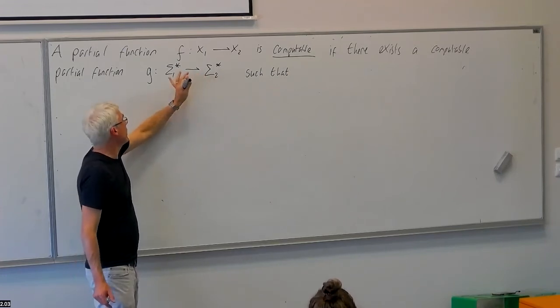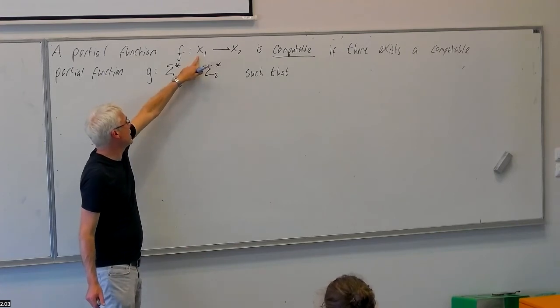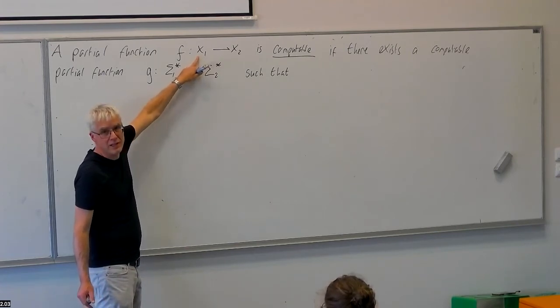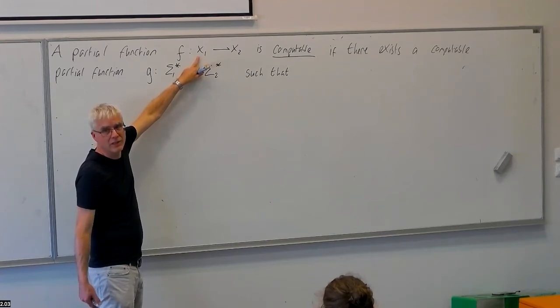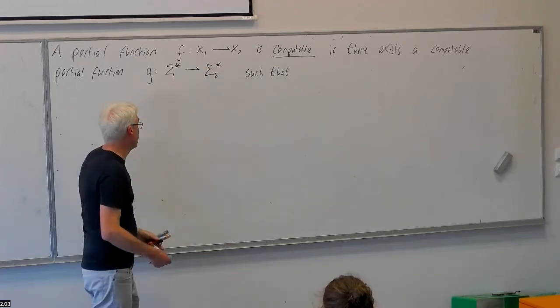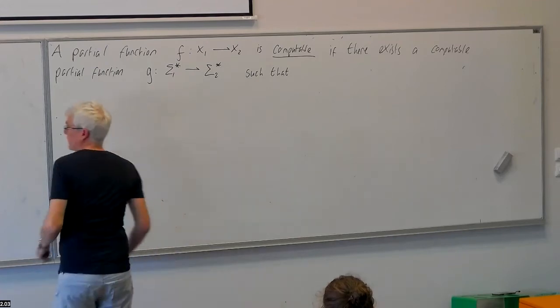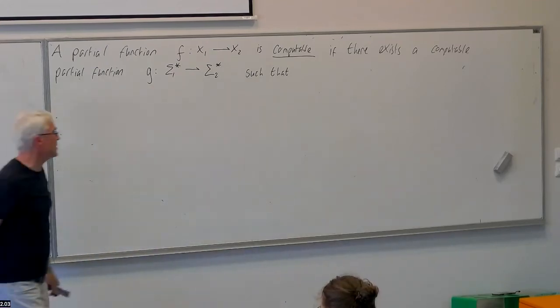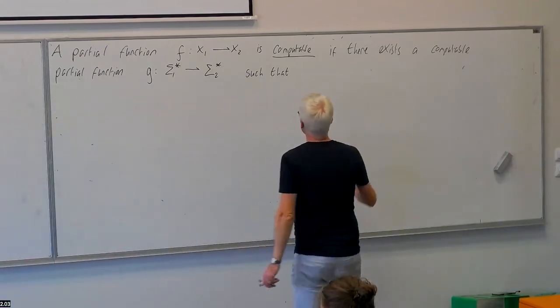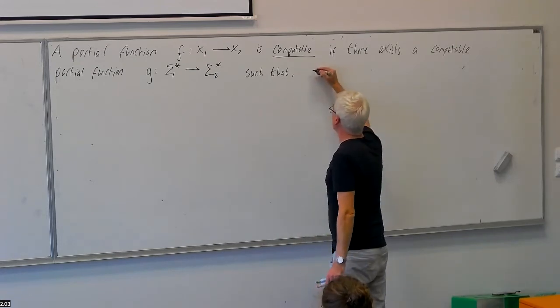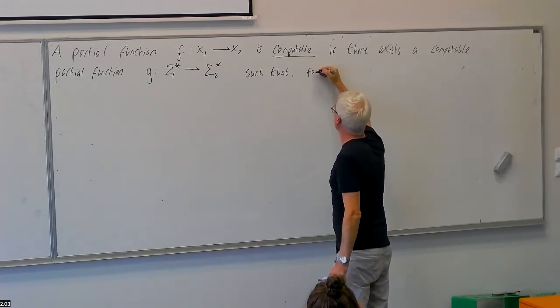So if you've got a name for an element of X1 on which f is undefined, you're going to want g to also be undefined on any name for that element. And if you've got a name for an element of X1 on which f is defined, then we want to have the same condition that we have for a total function. So we can say that by making a quantification here.